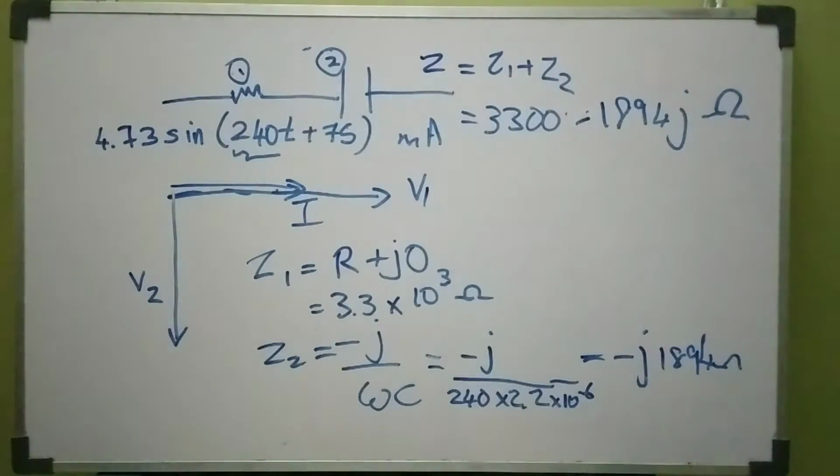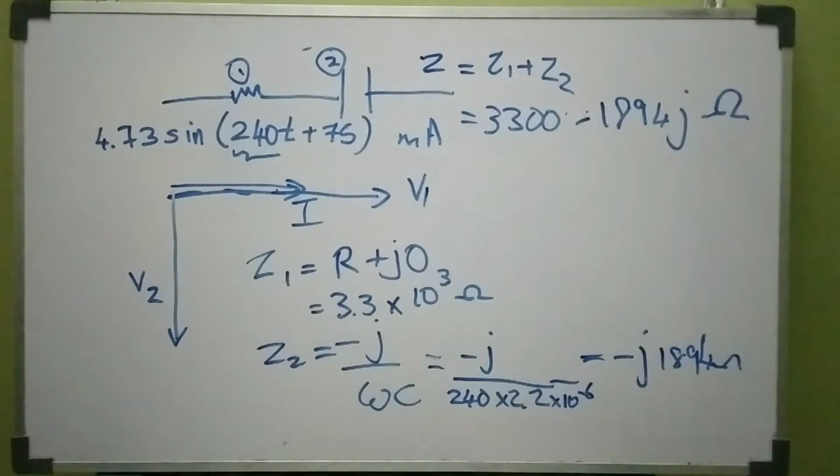Don't forget to put the unit, it would be ohm. I haven't written everything, but here they have asked for the total impedance in both forms, Cartesian and polar. But here I have given only the Cartesian form. However, we need to change this to polar form too.